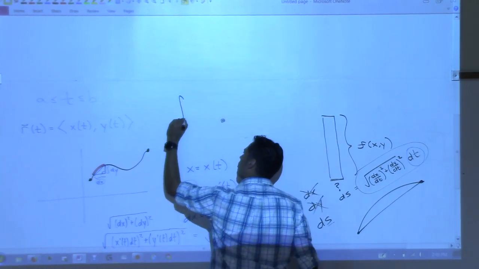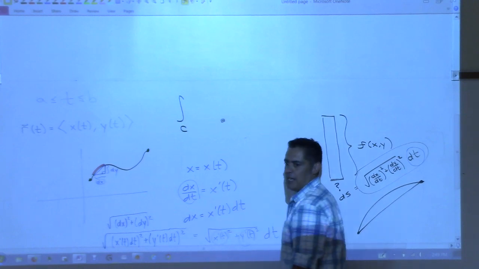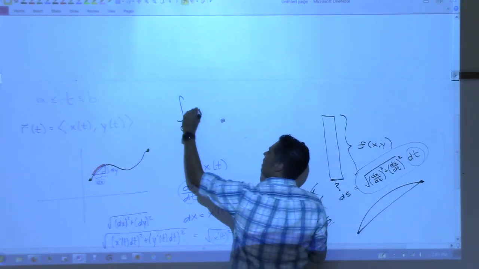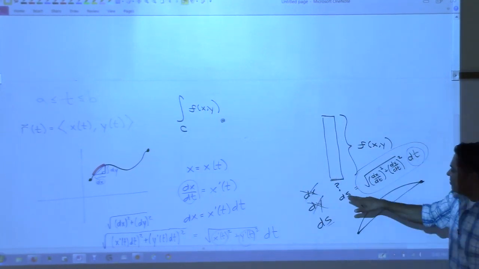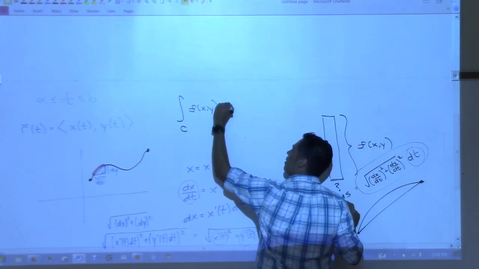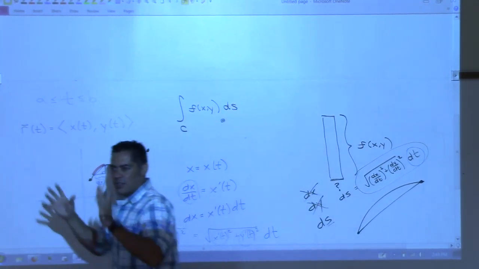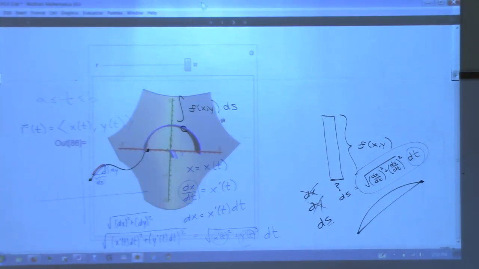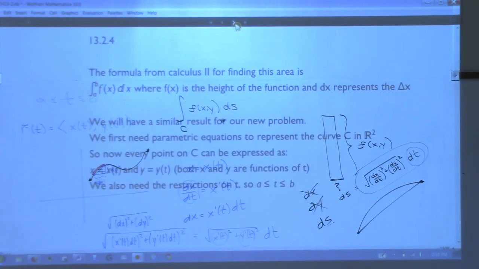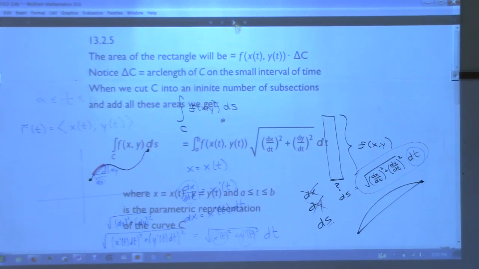We're going to do an integral over some curve C, and it's going to be our surface, which represents the height of our rectangle, times the width, which we are going to use the notation ds. This now is the notation for the area hanging from the curtain, right? That's our notation. I have this all in the notes, so I'm just going to go to the notes right now. I was just trying to get you to see where the formula comes from. Okay, here we go.